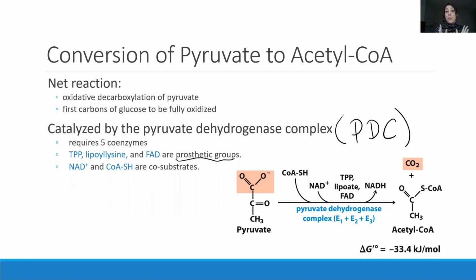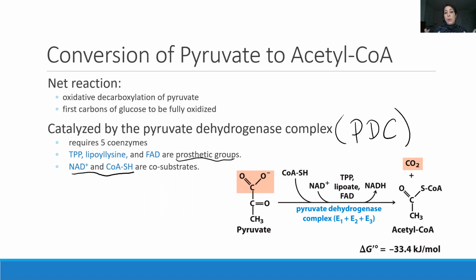These are all chemical molecules, but they are attached to the protein and doing a job in the enzyme. NAD plus and coenzyme A also help in the overall reaction of pyruvate. They are not attached to the enzymes, but they are needed to drive the production of acetyl-CoA from pyruvate.